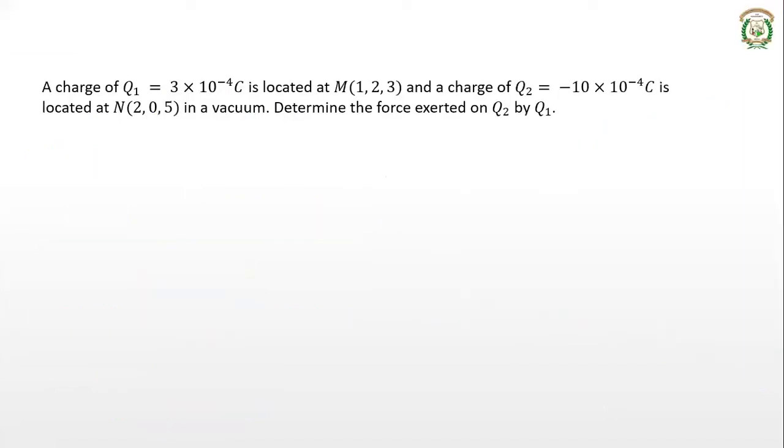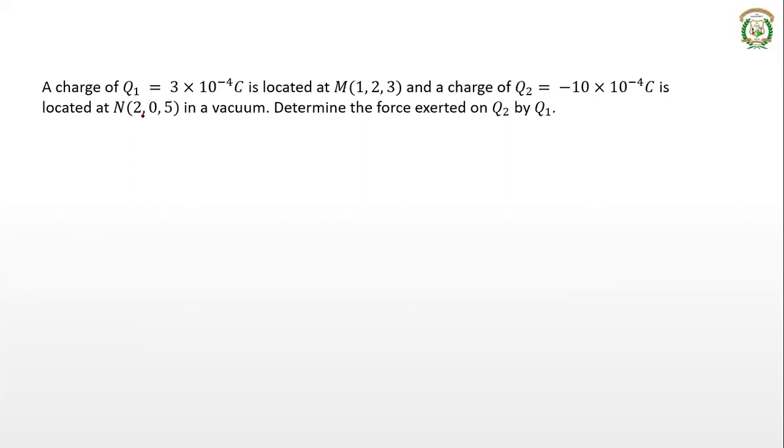Please note down this. The question is: a charge Q1 equal to 3 into 10 raised to minus 4 coulombs is located at M of 1 comma 2 comma 3. That means this is a point. At this particular point you have a point charge Q1 whose magnitude is 3 into 10 raised to minus 4 coulombs, and there is another charge, Q2, at N, that is 2 comma 0 comma 5.